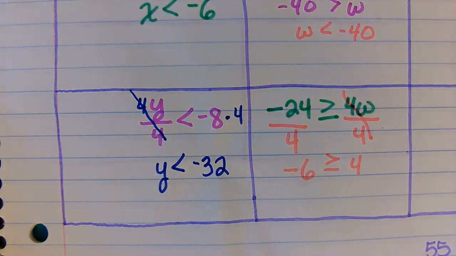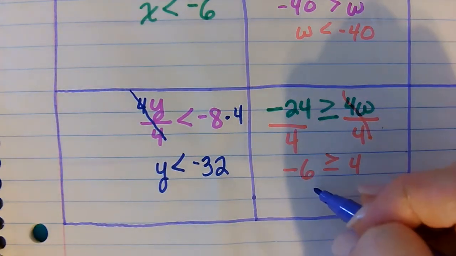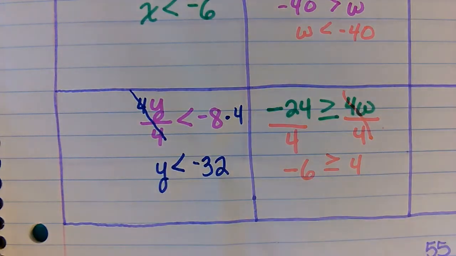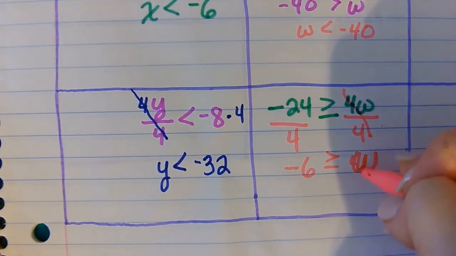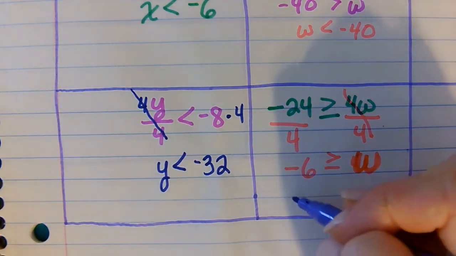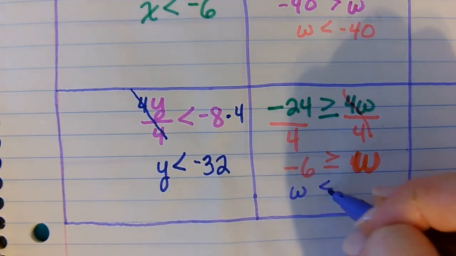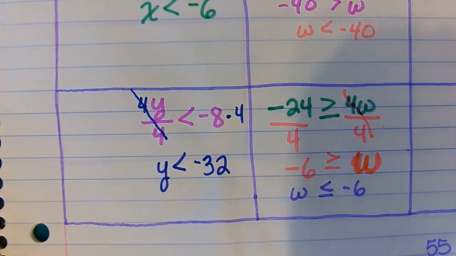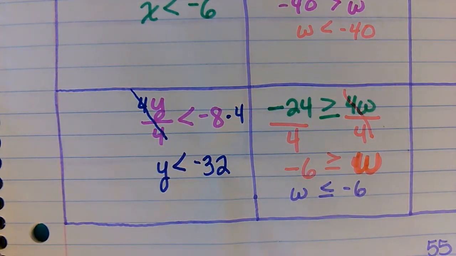Or we can flip it around and put 4. Oh, did I write that? That's funny. Greater than or equal to w. Oops. There you go, guys. If you wrote that too, you weren't paying good attention to my mistake. So then we could rewrite that as w less than or equal to negative 6. Okay? Now, let's stop for a moment and practice.